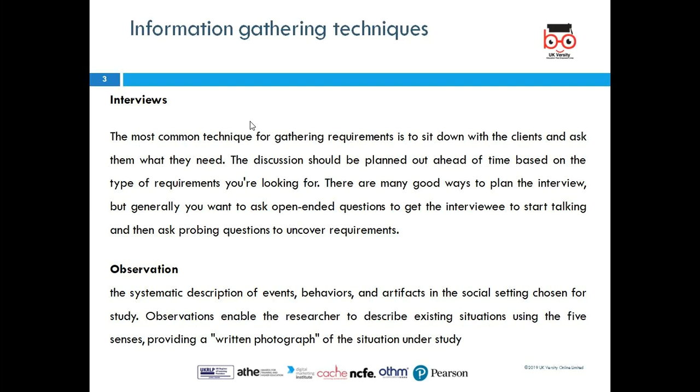It is basically the systematic description of events, behaviors, and artifacts in a social setting chosen for study. So if any topic is there, then for the systematic description of events and how it behaves, you need to observe it. Observations enable researchers to describe existing situations using the five senses, providing a written photograph of the situation under study.